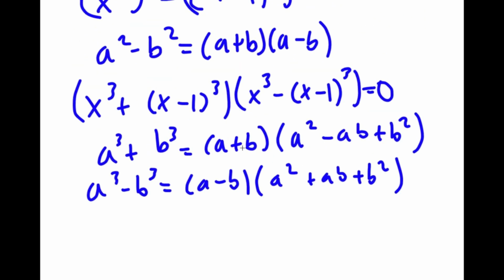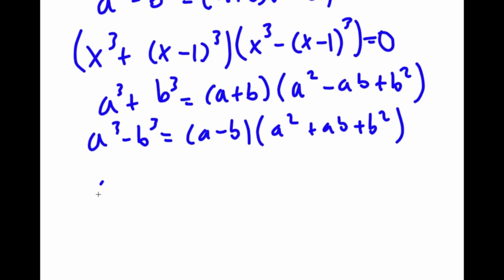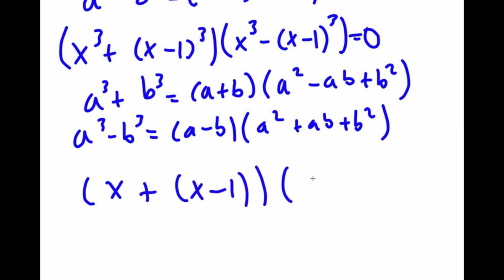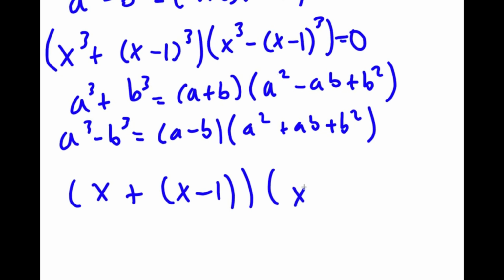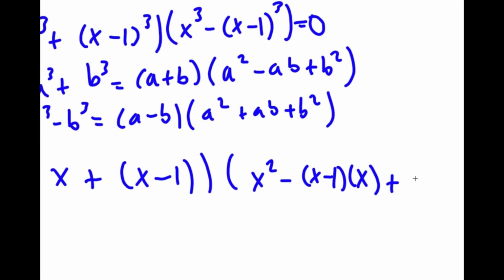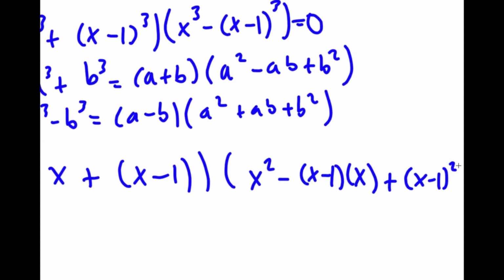So I'm going to rewrite this as x to the power of x minus 1 times x plus x minus 1 times x squared minus x minus 1 times x plus x minus 1 squared.